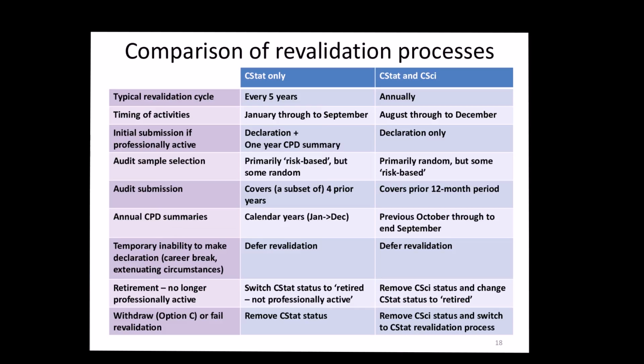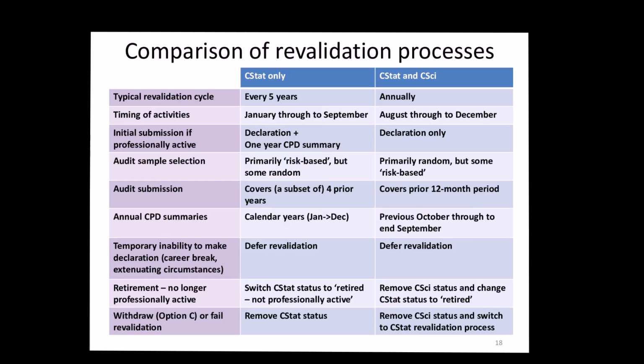And the annual CPD summaries for the CStat process are based on calendar years, whereas the CPD summary for the CSci process runs from October, in this case 2016, through to September 2017.